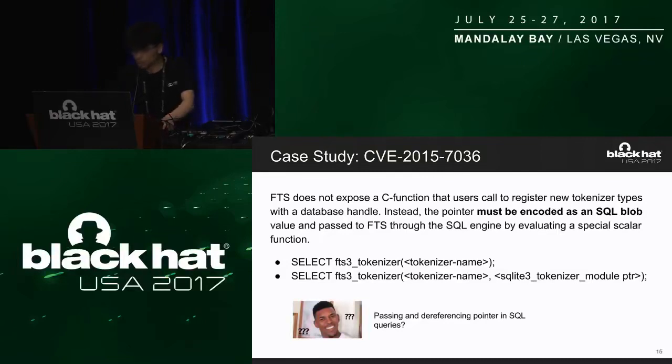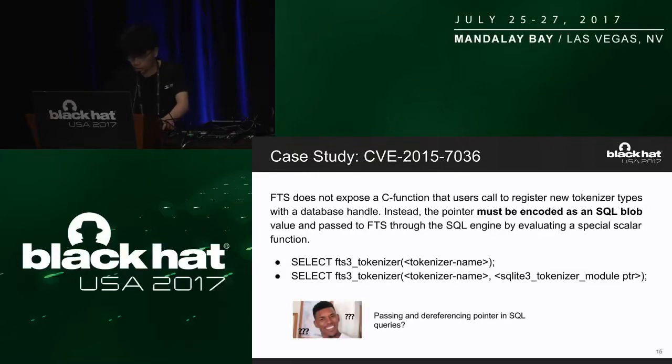fts3_tokenizer accepts 1 or 2 arguments. The first one is the string of your tokenizer's name. The second one is a blob, which is used as a pointer to a tokenizer module. If there's only 1 argument, the query returns the address of the registered tokenizer, which is in a blob.